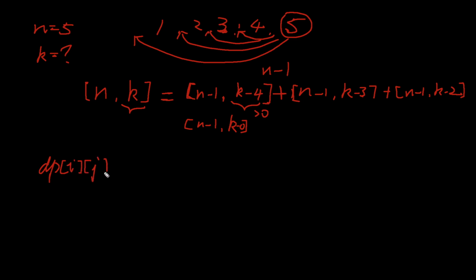Okay. So what does this one have? It's going to be the accumulation of the DP of i minus 1, k, right? To m. I would say m here, or j. Yeah. M here, right?